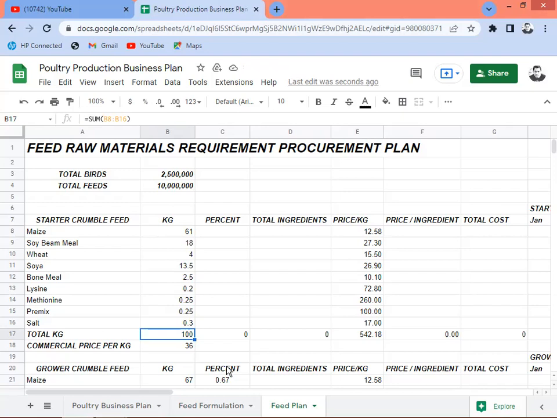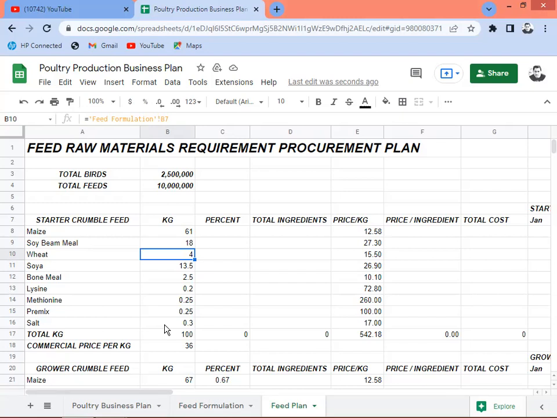So these are the shares per ingredient. Like for maize, you got 61 kilograms. For soybean meal, you get 18 kilograms. For the wheat, some broiler production businesses use red winter wheat, and most likely they get it from the US, from Argentina, or somewhere else, like also in China.